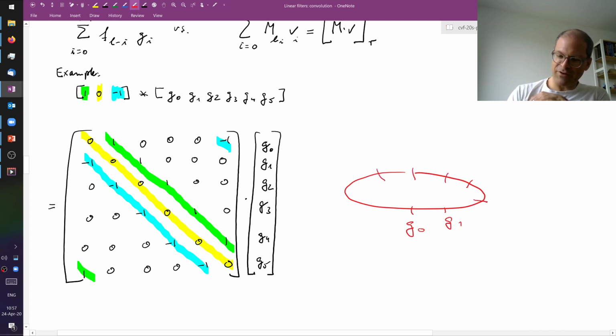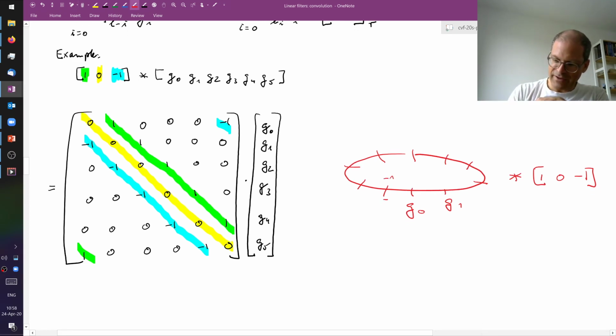I'm making the signal a bit longer now. And now I'm convolving this with a filter, for example 1, 0, -1. I'm putting my coefficients here, +1, 0, -1. And because I convolve, I have to flip the filter, so it will be -1, 0, +1.